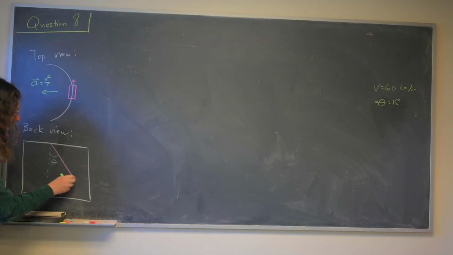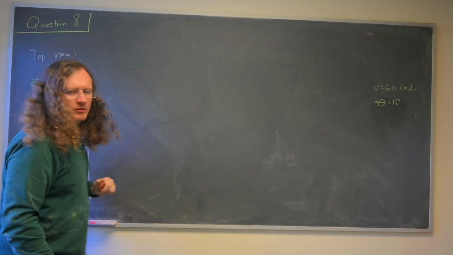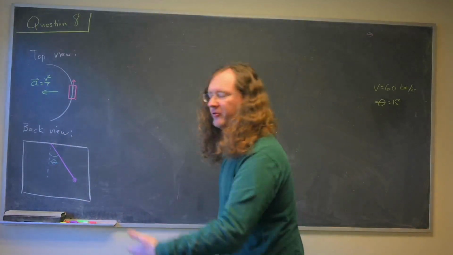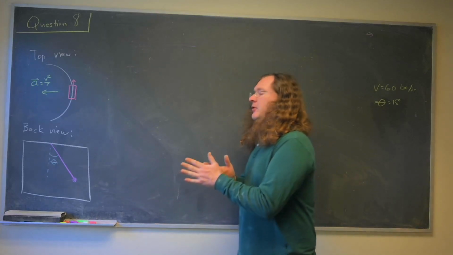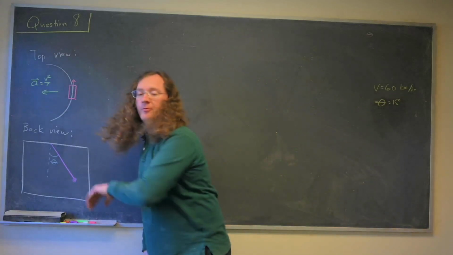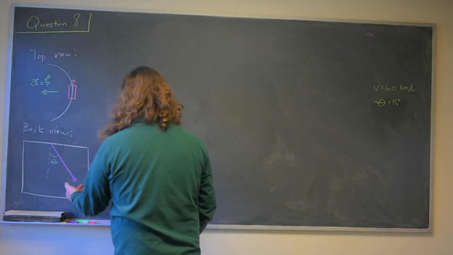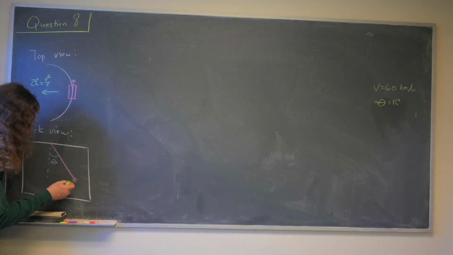Now, why must the ball swing to the right? Conversely, why do you feel yourself pushed to the right in a subway car? Well, there's no force pushing you to the right, right? If we draw a force diagram for this, which we will, the only forces on it are gravity and tension.